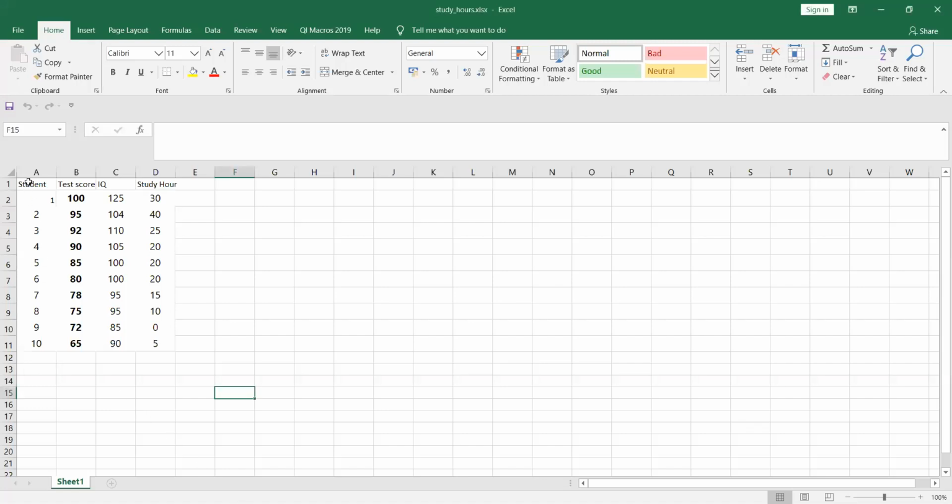There is a study of 10 students and their test scores. As I said, in multivariate, more than one independent variable contributes to the prediction of the dependent variable.